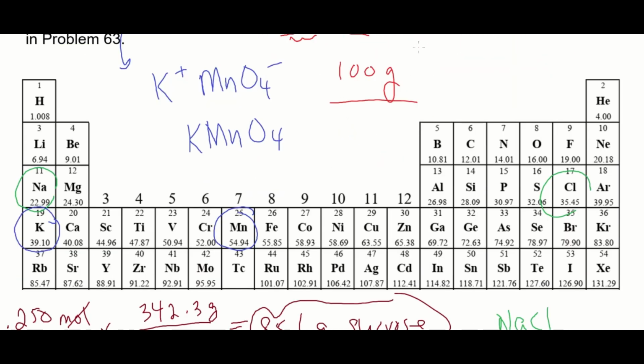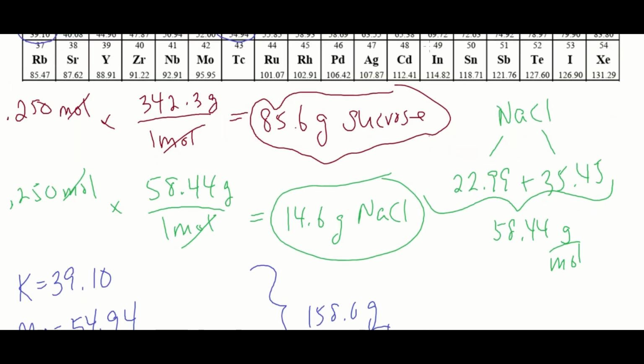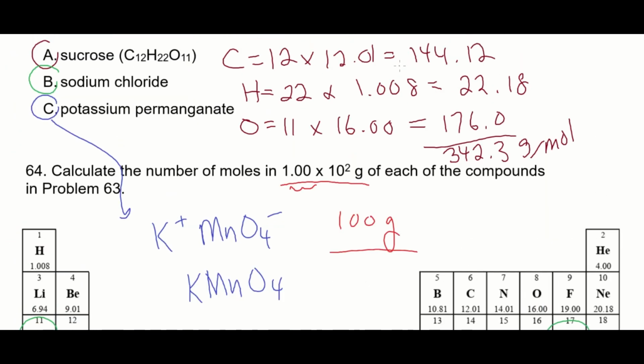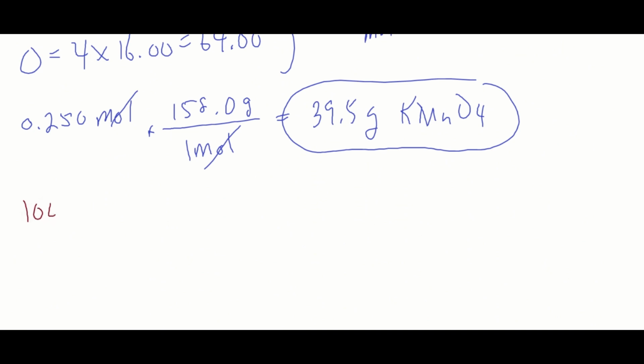All right, now let's go from 100 grams to moles. I'm going to keep these in the same colors. All right, so for sucrose, if we had 100 grams of sucrose, we're going to use a molar mass. It was 342.3 grams per mole.